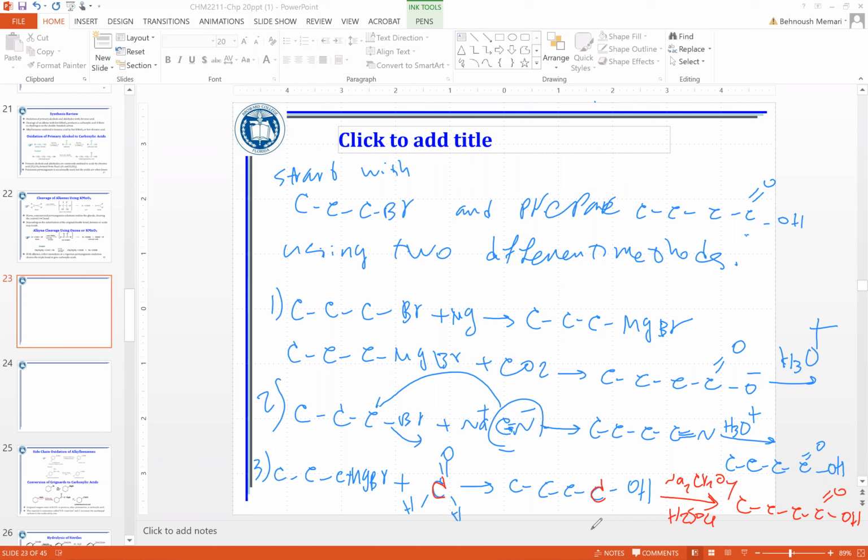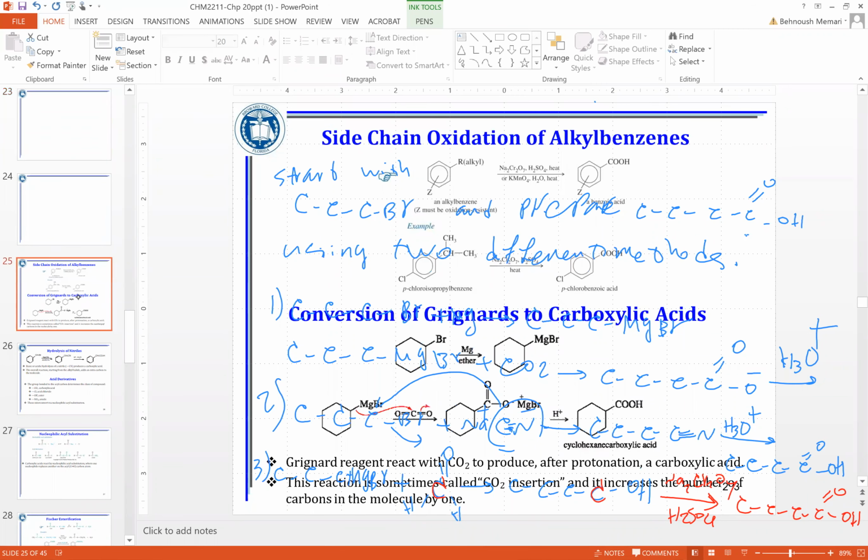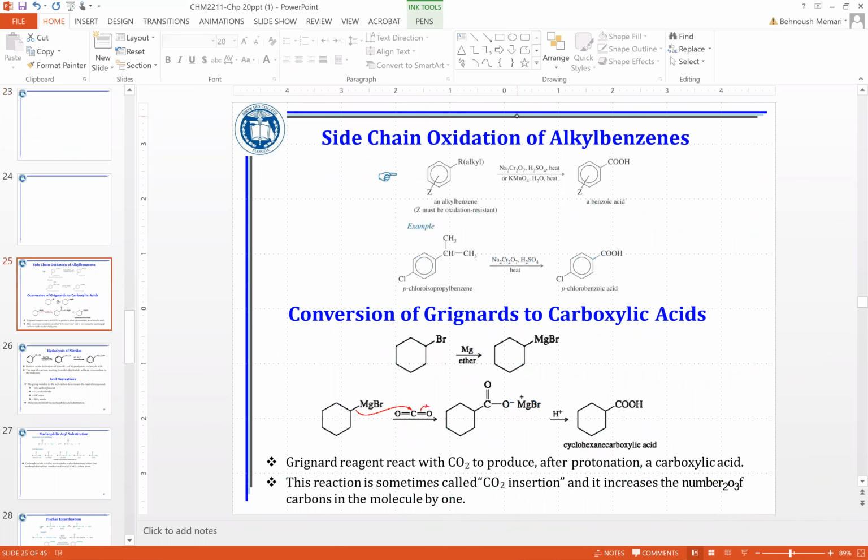Okay, let's see other methods. We already talked about several, like 7 or 8 different methods. We talked about Grignard plus CO2. For aromatic compounds, you can do the oxidation of a side chain.